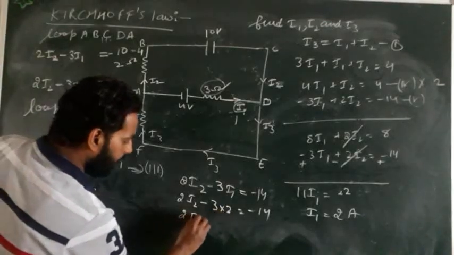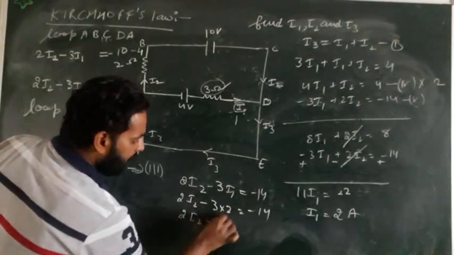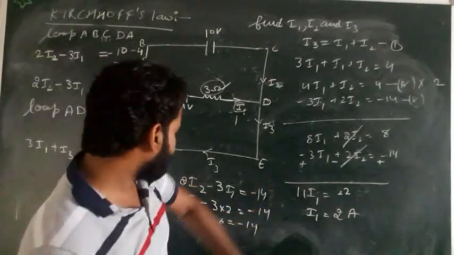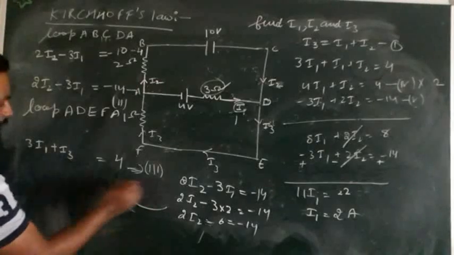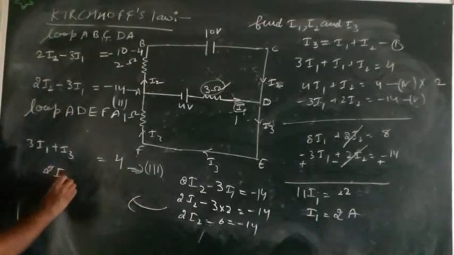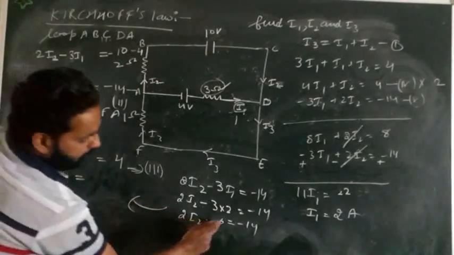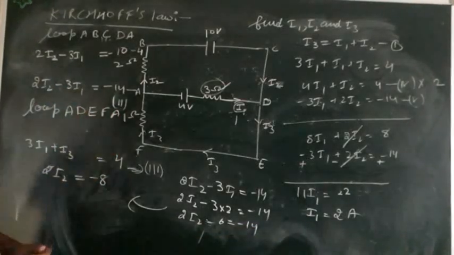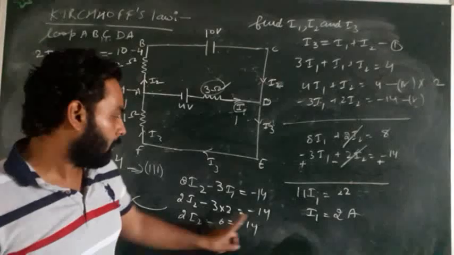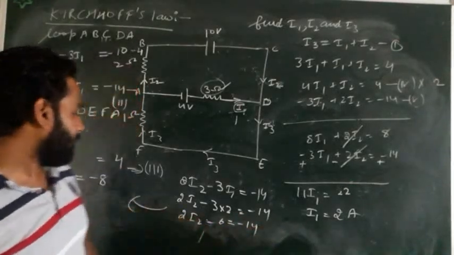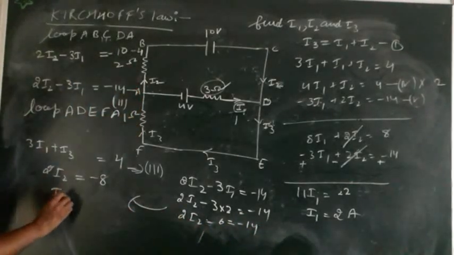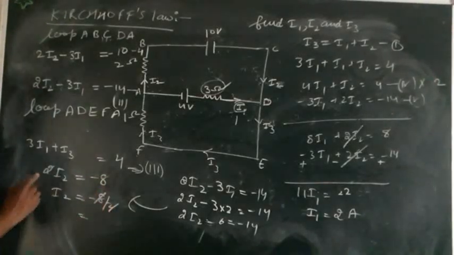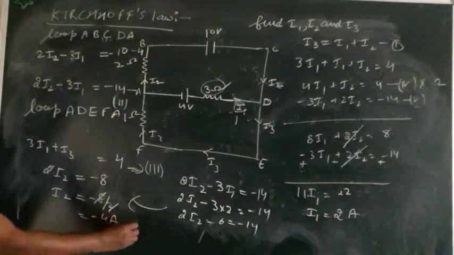So 2I2 minus 6 is equal to minus 14, and that 6 moves to that side. So 2I2 is equal to minus 14 plus 6, that is minus 8. So I2 comes out to be minus 8 divided by 2, and that is minus 4 ampere.